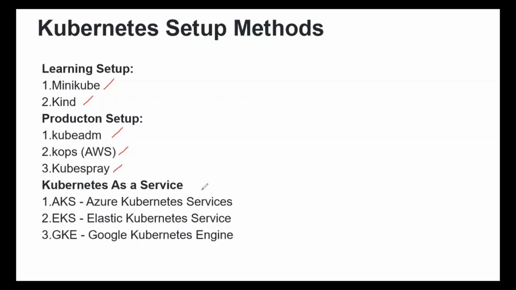And if you want to set up the Kubernetes cluster as a managed service within the cloud, then we have Azure Kubernetes Service for Azure Cloud, then we have EKS for AWS Cloud, and we have Google Kubernetes Engine for the Google Cloud. So in this video, we are going to see how to create a Kubernetes cluster using EKS in AWS.